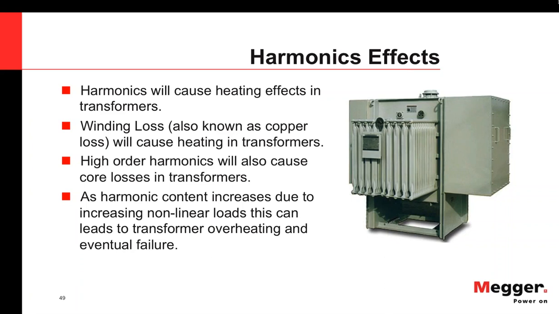What ends up happening is they will actually push the current that's going through the wire toward the outside of the wire. This is what's referred to as skin effect. So basically, as my harmonics increase, the current is being pushed more and more to the outside of the wire, which means I'm losing cross-sectional area of the wire, which means its resistance is going up, or I should say impedance is going up, and heat is going up in it.